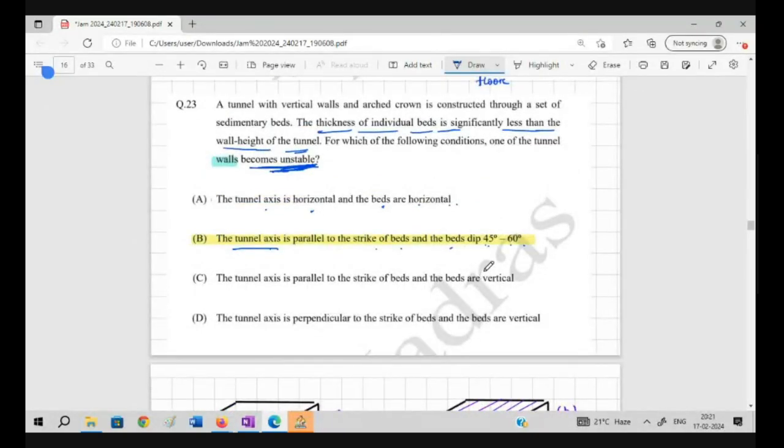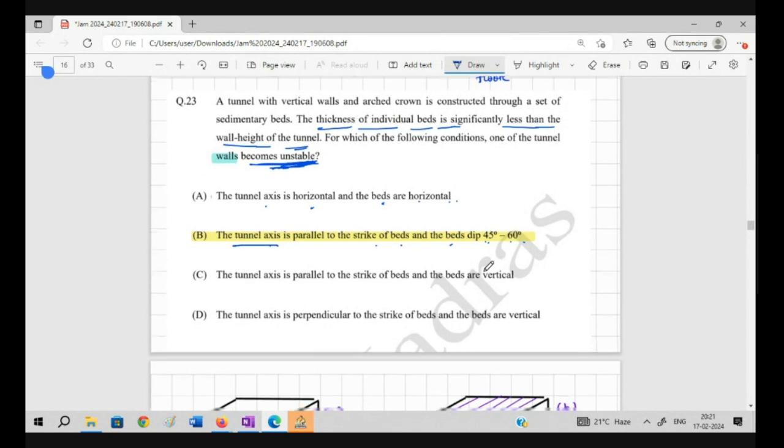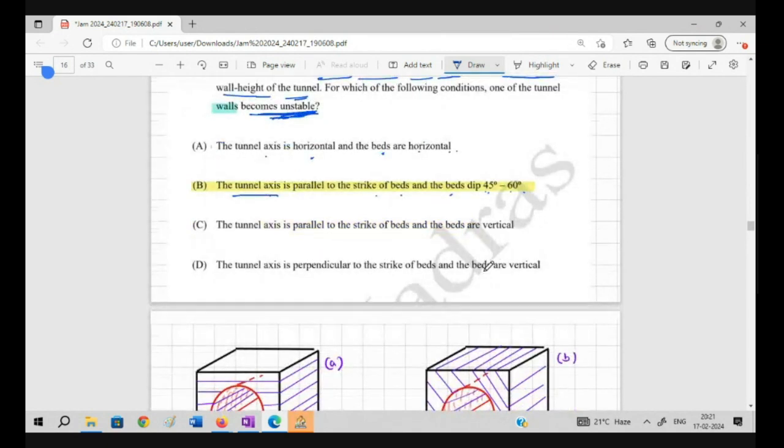If you remember, when the tunnel encounters more than one bed in its path, it becomes unstable. That's why when it is parallel to the strike of the bed that is dipping at 45 to 60 degrees, it becomes unstable. Yes or no? Yes, sir.